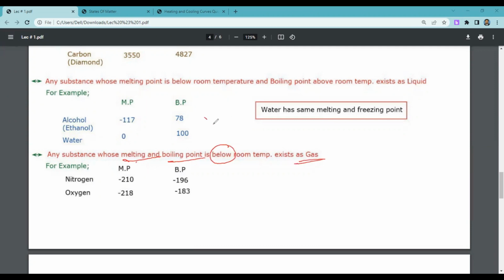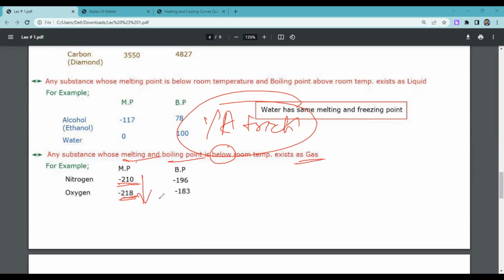You can remember the YA trick and solve the question very easily. The melting point of nitrogen is -210 and its boiling point is -196. Both are below room temperature, which is 25 degrees centigrade. Therefore, these substances are gases.